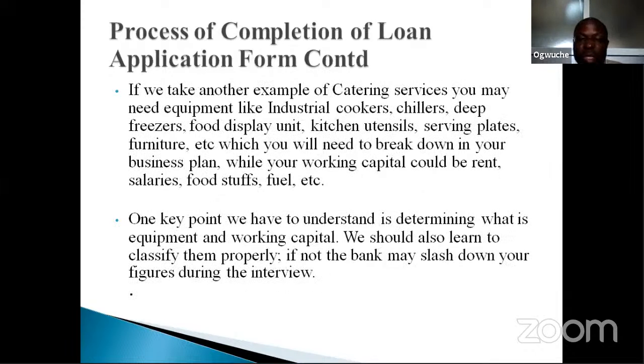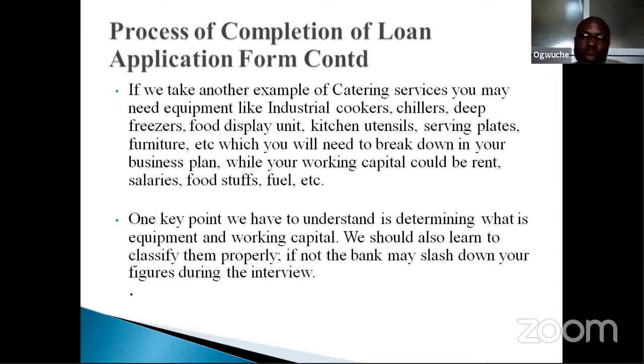Taking another example again for catering. Catering is also another SME. Here, the equipment you require include things like industrial cooker, like chillers, like deep freezers, like food display units, kitchen utensils, serving plates, furniture, which you also need to break down in your business plan. While your working capital could be rent, could be salaries, foodstuff, fuel.